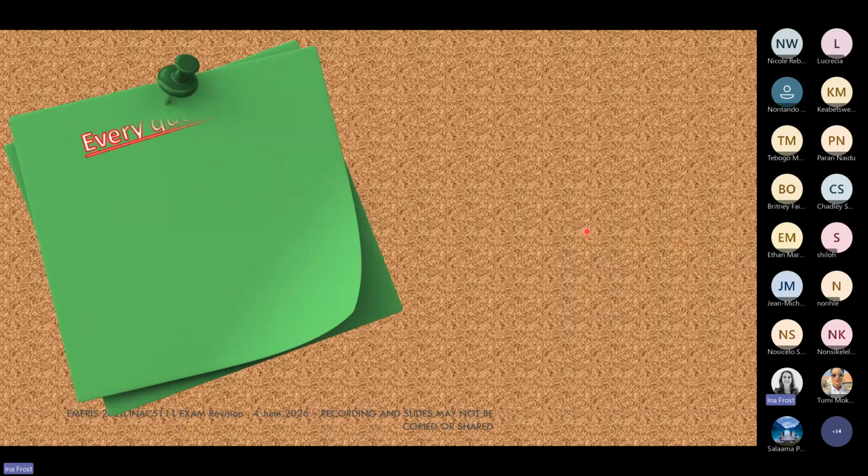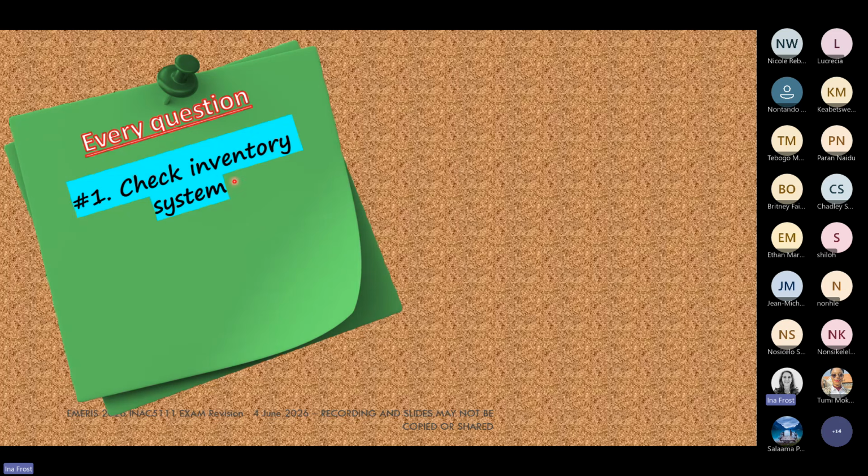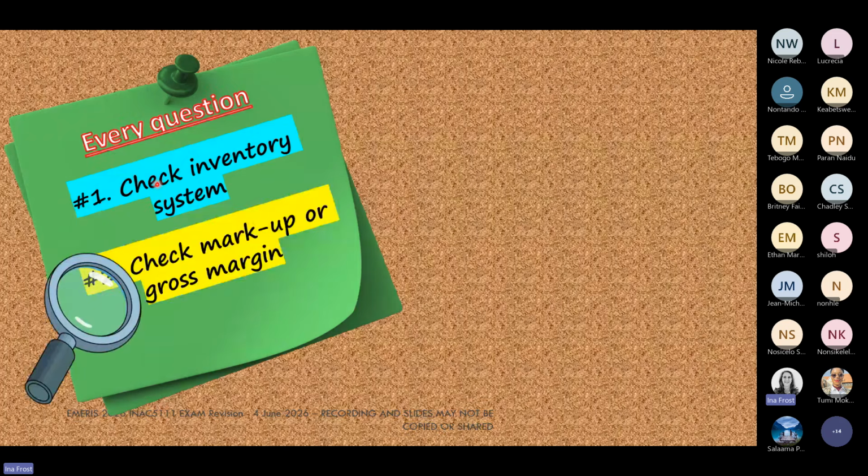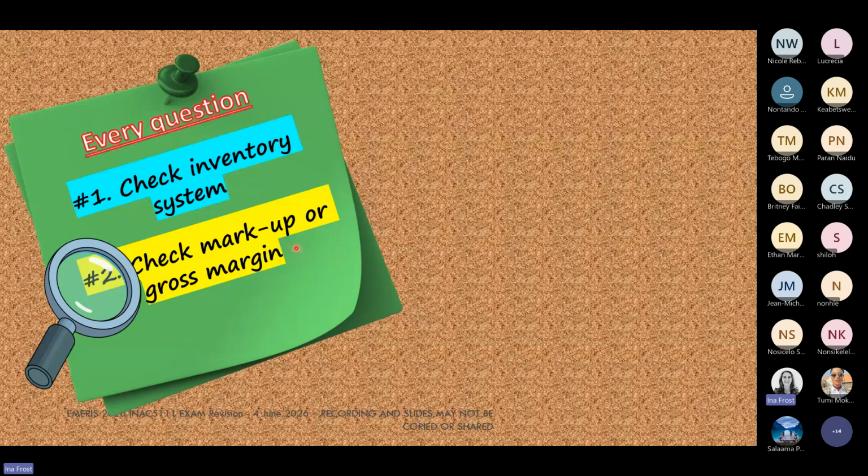So just to recap then, when you start a question, make sure you check which inventory system is being used. And once you've checked that, you need to see, are they using a markup or are they using a gross margin in the particular question, especially if it's perpetual inventory.